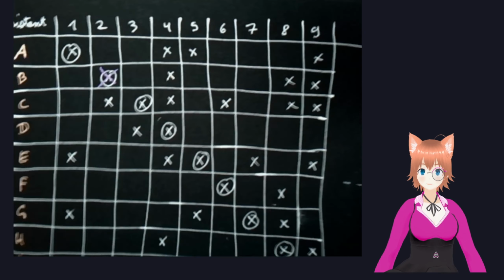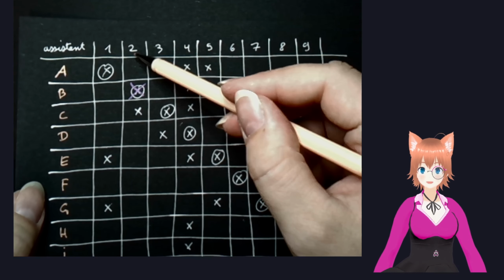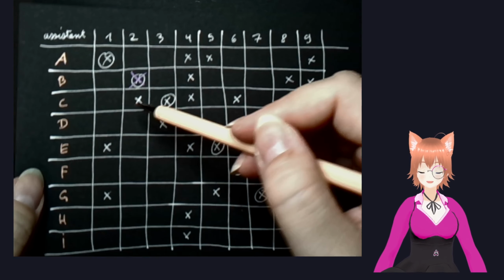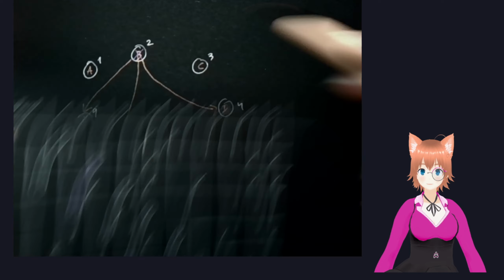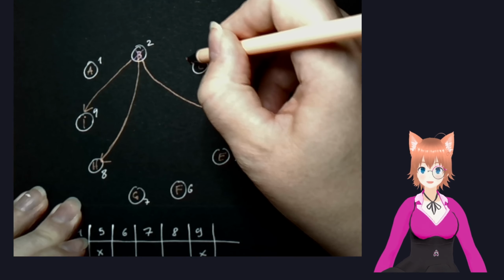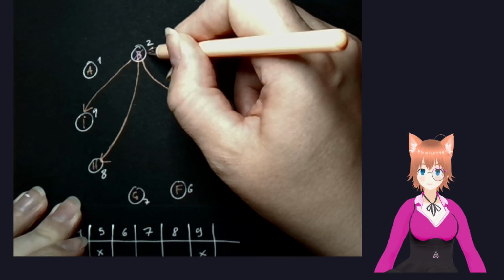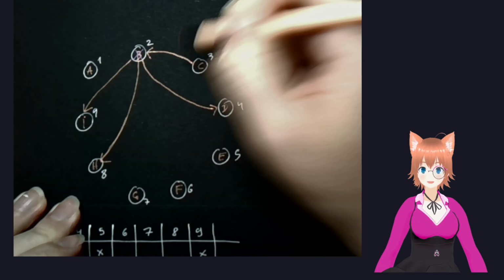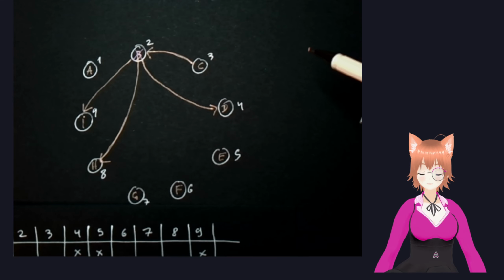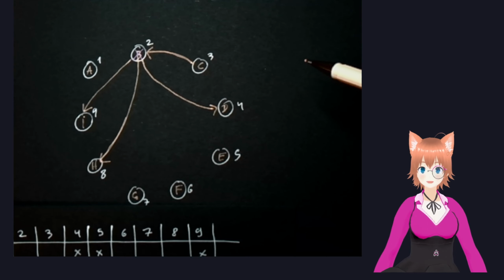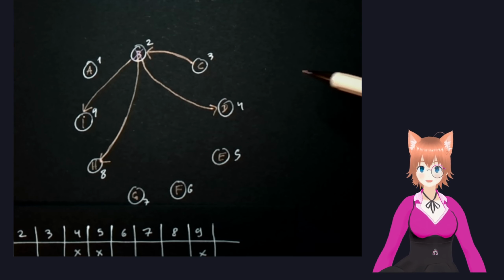And then also, let's look at who can take group 2. Only C. So from C we draw the arrow into group 2. And what we want in a sense here is that, to be fair, we don't want anybody to have 2 groups, and someone has 0.